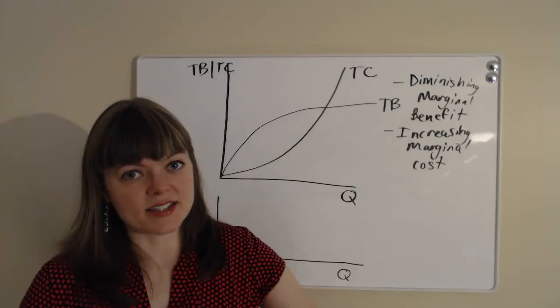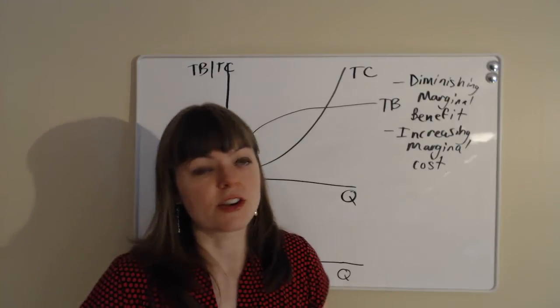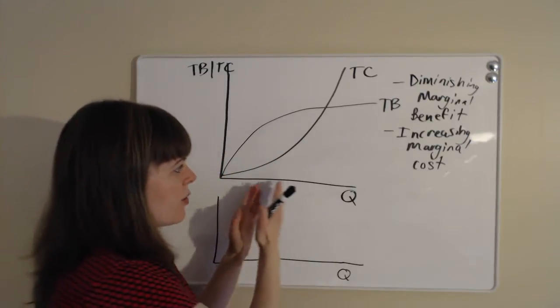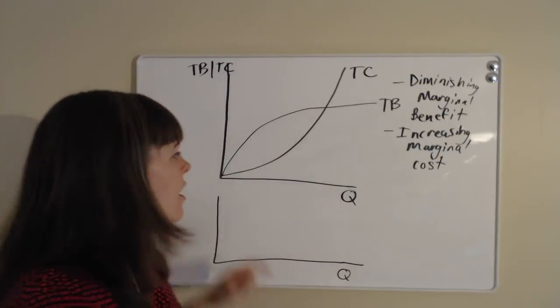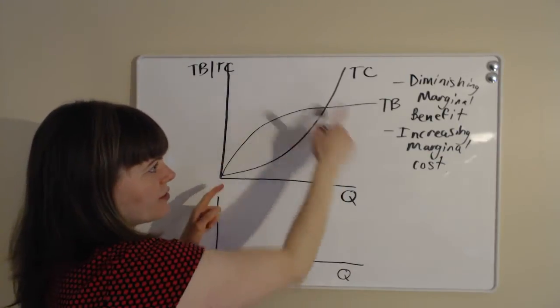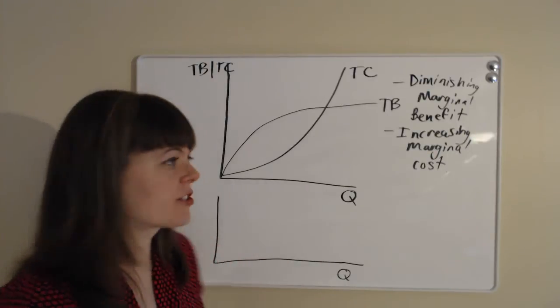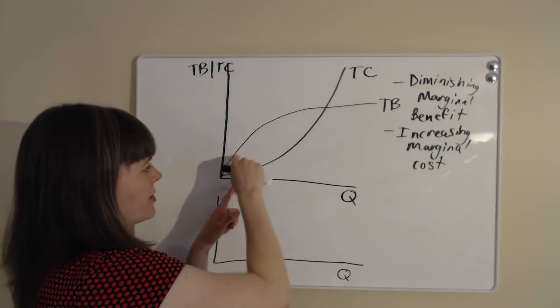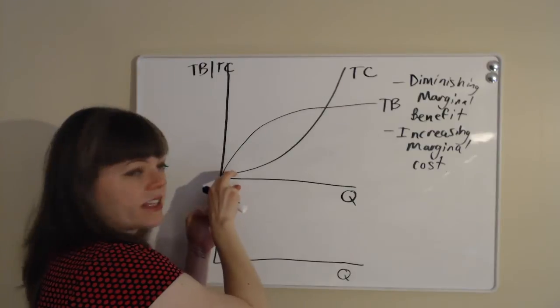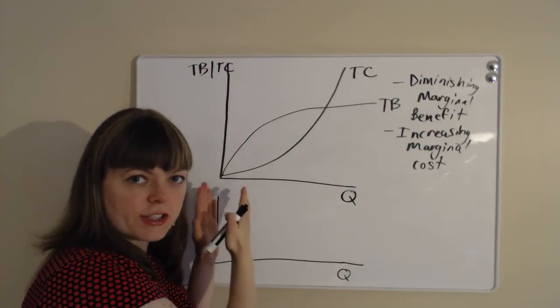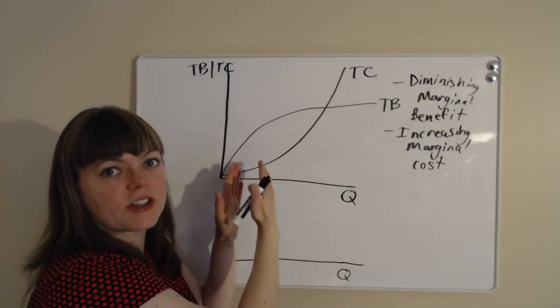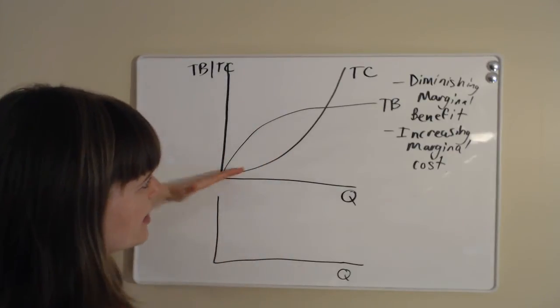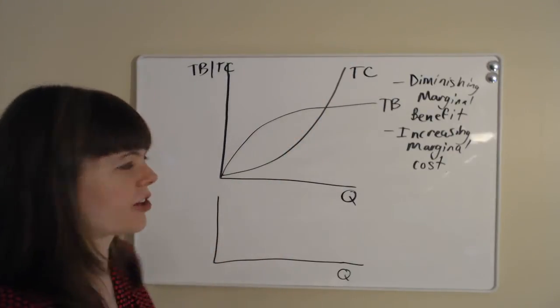Maybe they're working in academia and you need to attract them over to your company. So as you add more and more resources, they're going to get more and more expensive. So the concept behind both of these curves is the idea that a good manager is going to choose the most beneficial and least costly resources for their first project. And for the second project, it's going to be the second most beneficial and second least costly. And that's why we have this shape to our total cost curve.